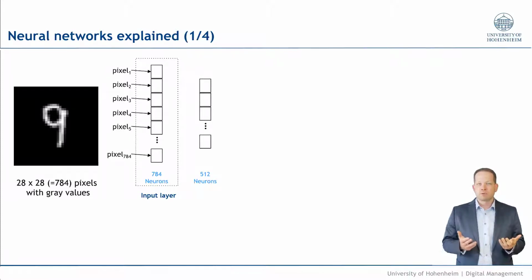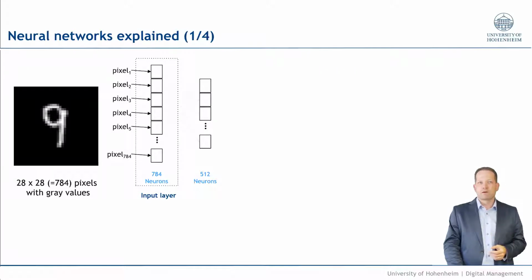Well, if there's an input layer, you can already guess that there are other layers. Here we have the next layer, and in this example we have there 512 neurons. It's really difficult, it's an art to know what the optimal design of that network looks like. We'll come to that towards the end of this video. So for the moment, just take it for granted that there's a next level, and then we have either the same number or a different number of these artificial neurons.